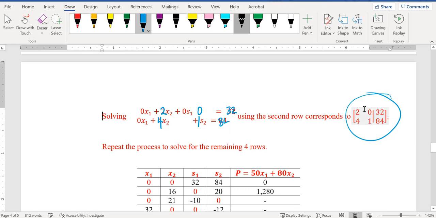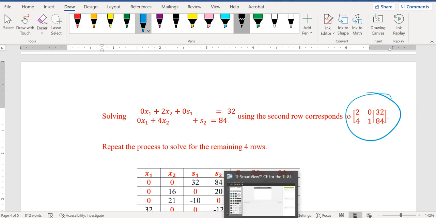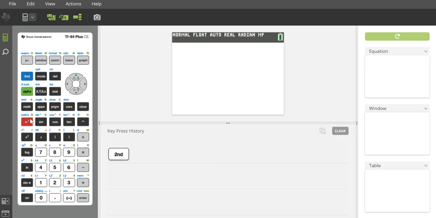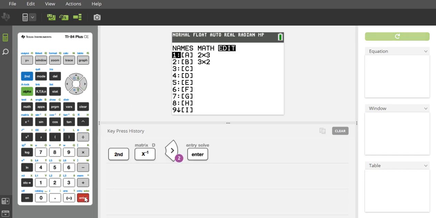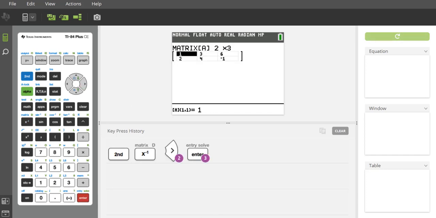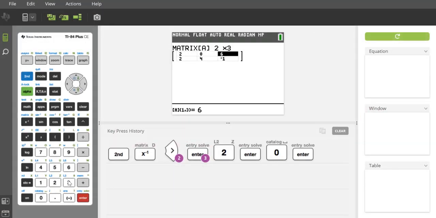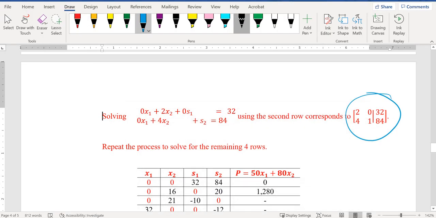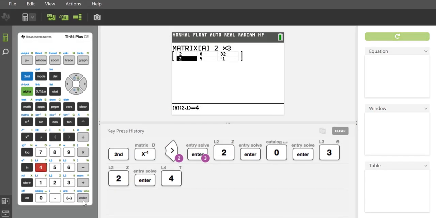If you do RREF on that matrix, let's do that on our calculator. Second, matrix, edit. It's a 2 by 3, and our numbers are 2, 0, 32, and then 4, 1, 84.